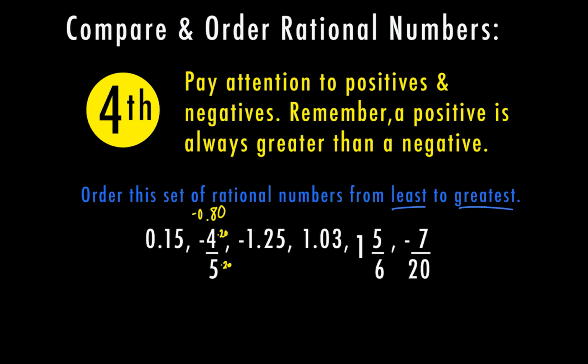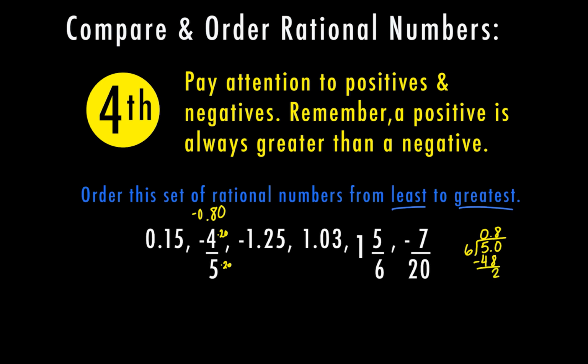Let's change this one, 1 and 5/6. 6 doesn't go into 100 evenly. So let's go ahead and use our other process here, and we're going to divide the top by the bottom. Now 6 does not go into 5, so we're going to put a 0 and a decimal so that we can keep going. 6 goes into 50 8 times. 8 times 6 is 48.